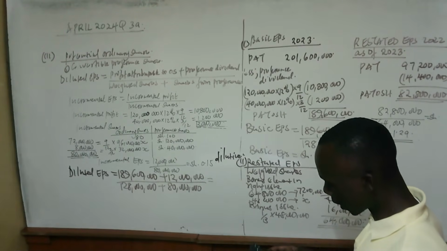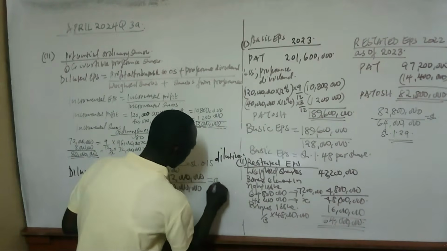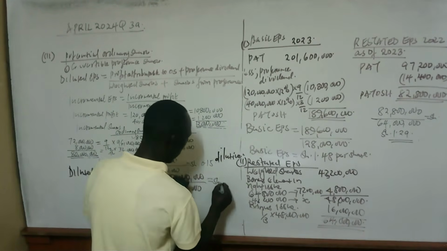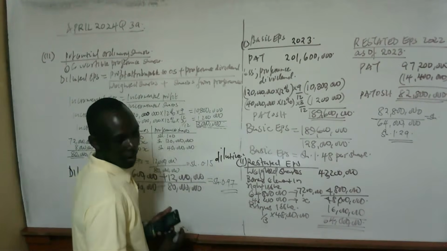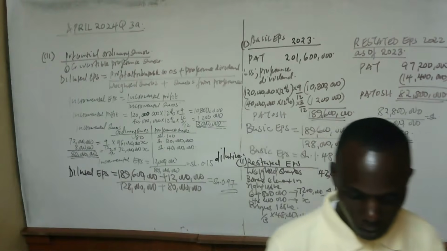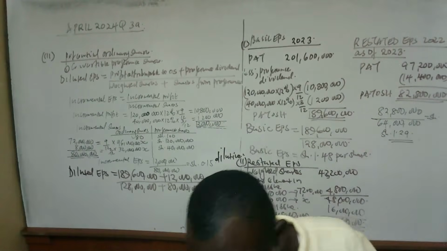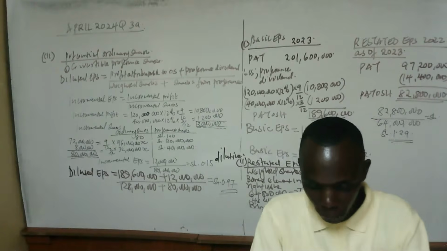Therefore, we are going to get shillings 0.97. And that is how you are supposed to compute the diluted EPS.